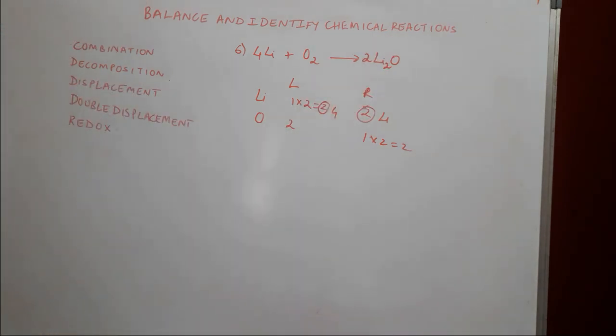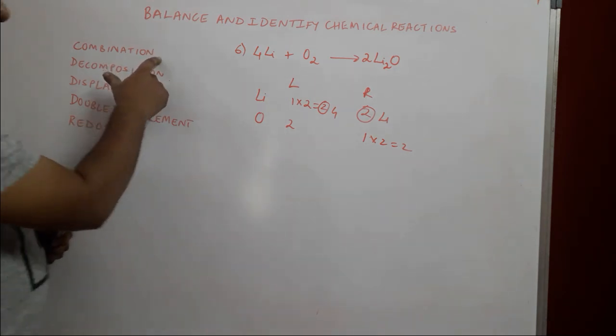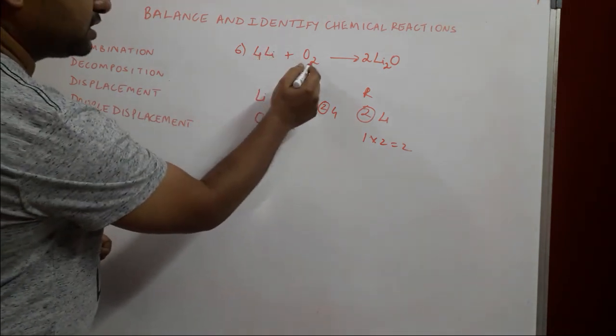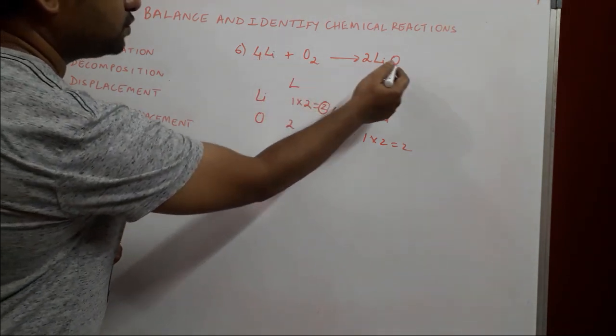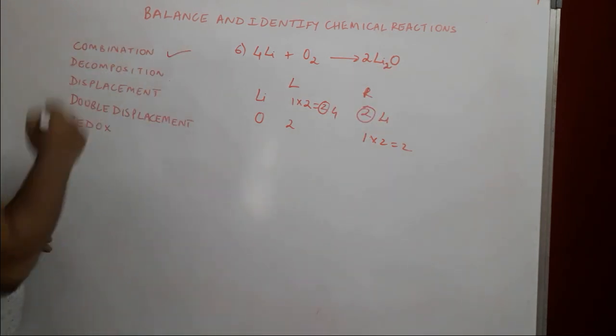Now to identify the type of reaction. Is it a combination reaction? It looks like a combination reaction. It is actually a combination reaction because two reactants are reacting to give you just one product, and it perfectly fits that. We can rule out decomposition.